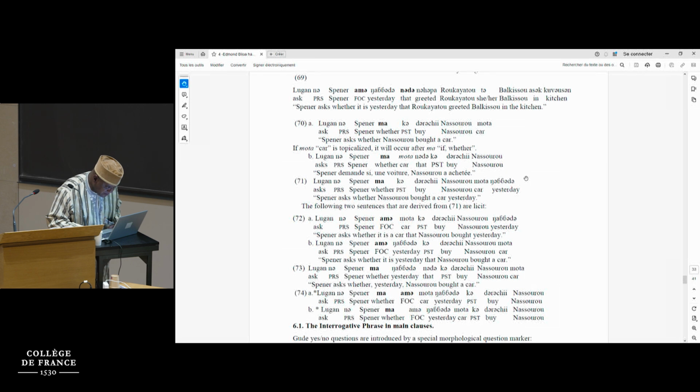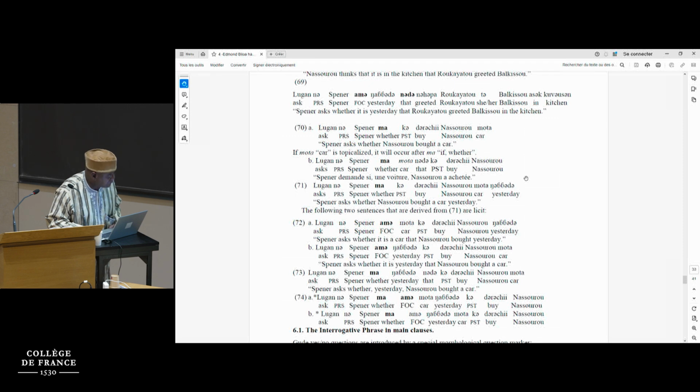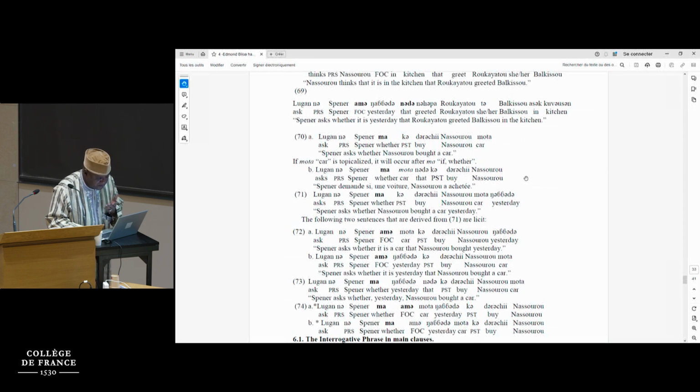But what we want to say is that in 70A and in 70B, mota, which means car, is topicalized. And mota can occur after the indirect question complementizer, ma. Okay? Which means that topicalization behaves differently from focalization.